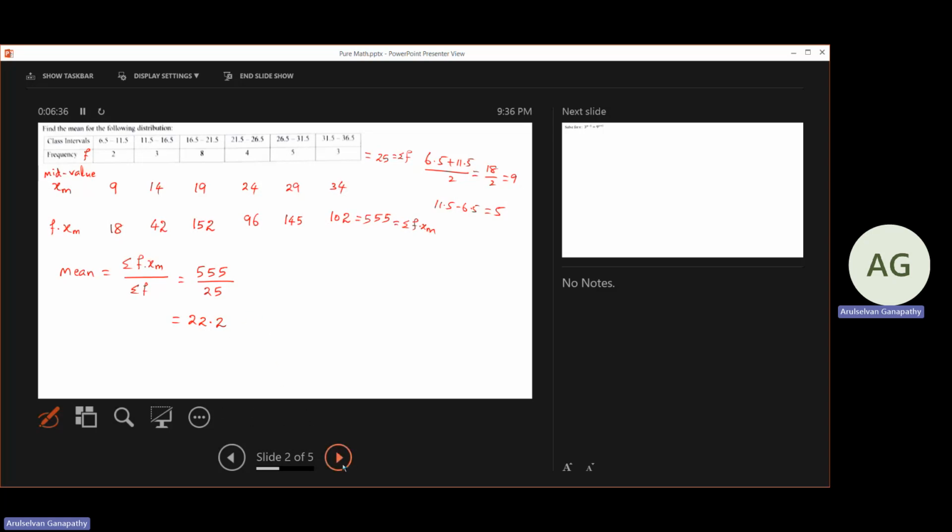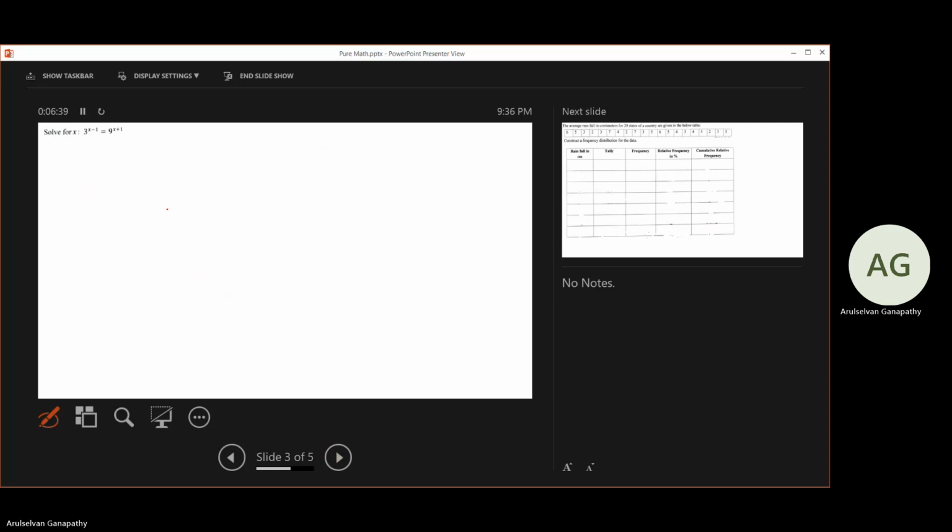Okay, so let's go for the next question. Here we have to solve for x. What is given? 3 power x minus 1 equal to 9 power x plus 1. What we should do? Both 3 and 9 are powers of 3. So let's write both as powers of 3. This side is the same, no change.